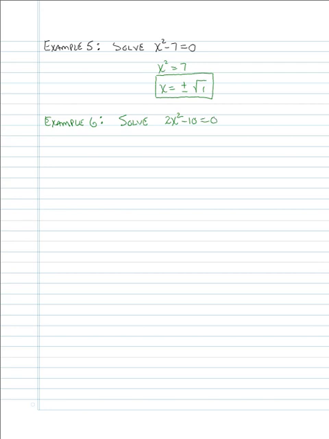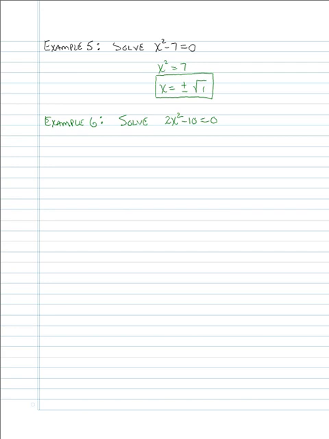Now, it's a little more involved than what we've been doing, but it still is a quadratic equation that has the x squared term and the constant term, but no x to the first power term. And so whenever that happens, we try to get x squared alone on one side and the constant alone on the other side.